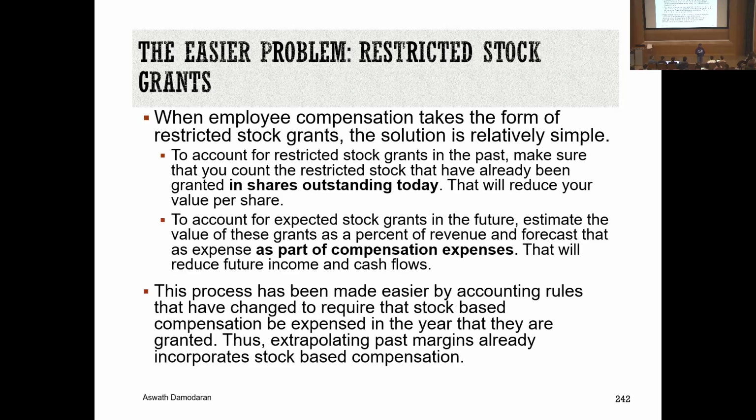So what do analysts and companies do? They add it back. This is a stupidity, right? Accountants finally do the right thing. What do analysts do? They reverse it. But that's the reason companies have shifted away from options to restricted stock. You no longer have that freebie that came with options.